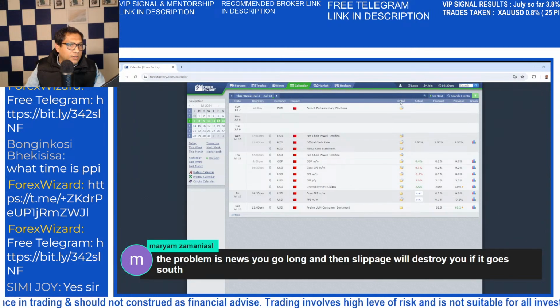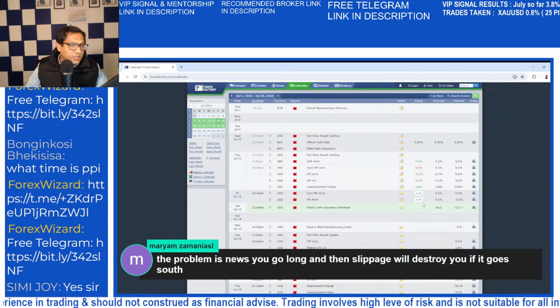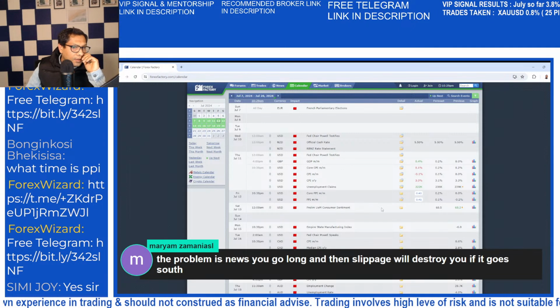Looking at the calendar again for updated info, we see 10:30 p.m. dollar core PPI, 40 seconds.